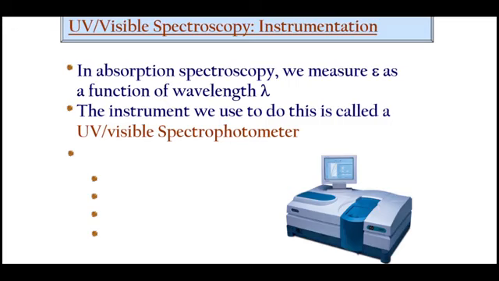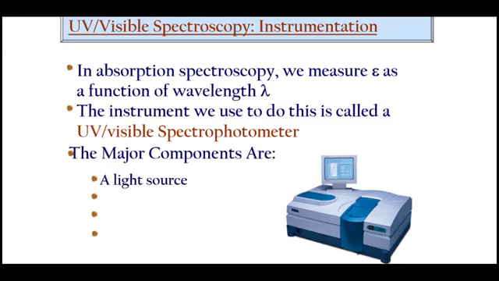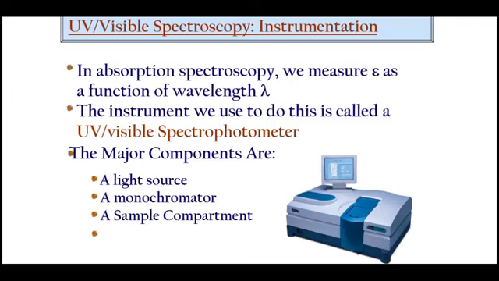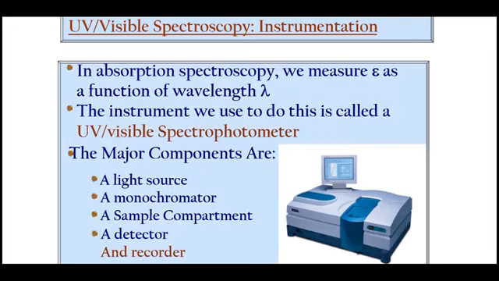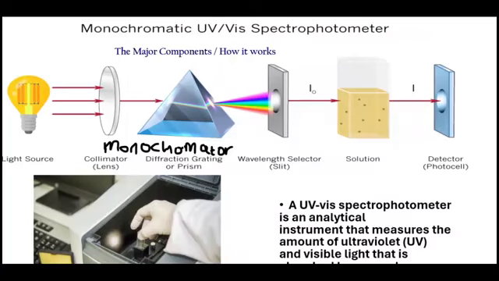Visible spectroscopy instrumentation. In absorption spectroscopy, we measure energy as a function of wavelength. The instrument we use to do this is called a UV-visible spectrometer, or UV-visible spectrophotometer.